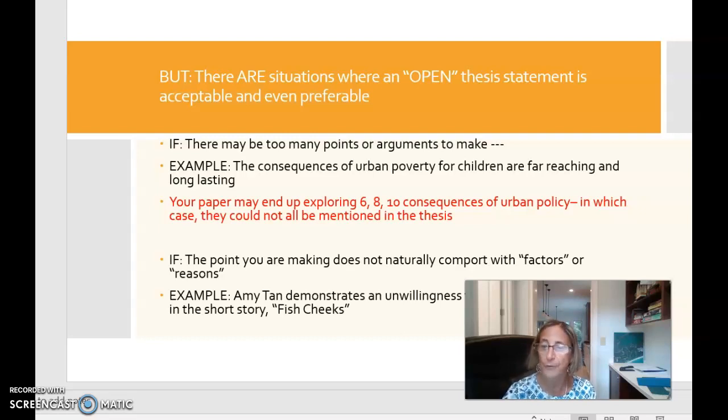Well, that's a focused thesis statement right now, and you're going to develop that by just providing examples of what transpires during the story that shows that Amy Tan is unwilling to accept her Chinese heritage. So that's a case where an open thesis statement will make sense.